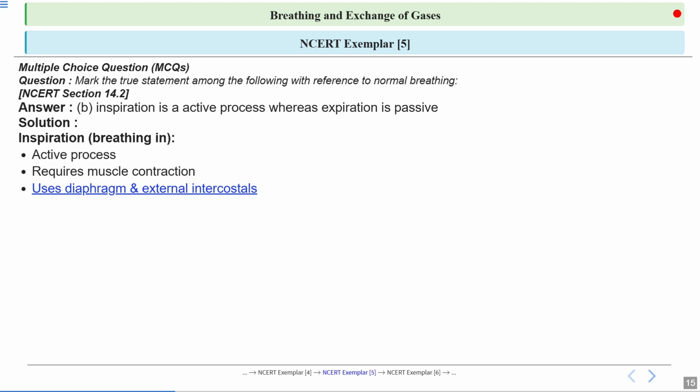Normally the diaphragm is in a dome shape, so it gets stretched downward by the contraction of the muscles attached to the abdomen, and the diaphragm moves downward, making it almost a flat position. So this also helps to increase the volume of the chest cavity, right? So this is using muscle contraction. It means it is using energy, ATP, right?